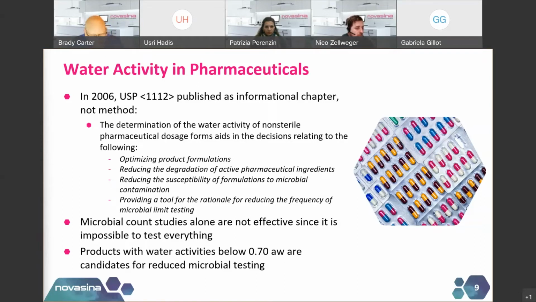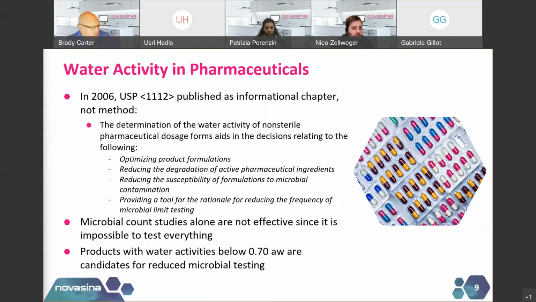But for something like an over-the-counter solid dosage tablet, whose water activity is quite low, there's really no chance for it to support the growth of anything. And so if you can show that through scientific-based information, then there should be justification to reduce that microbial challenge testing that was being done.